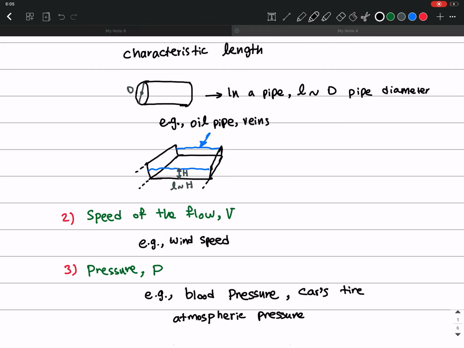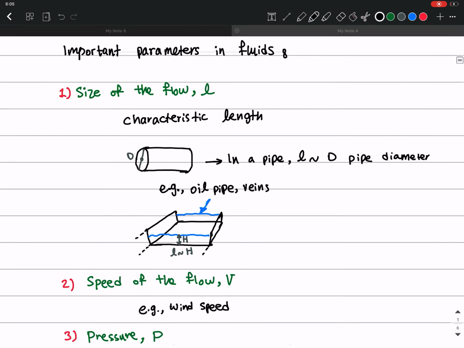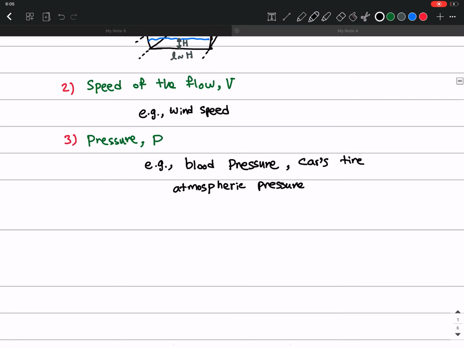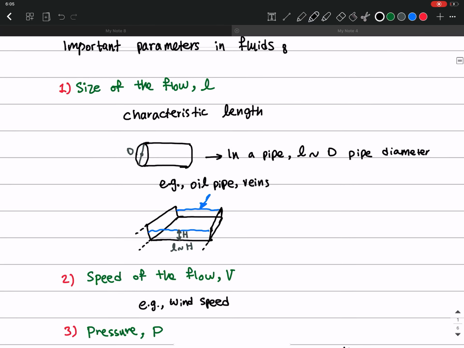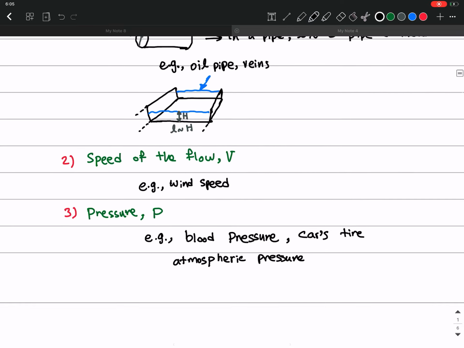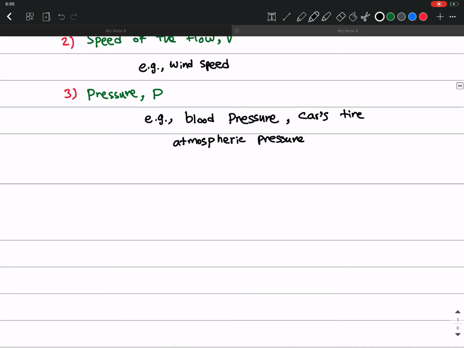For example, if you are on top of a mountain, the pressure would be lower, and as you come down to sea level, the atmospheric pressure or air pressure increases. So this is one of the important parameters in fluids. These are three important parameters that we typically work with in any fluid problem: size of the flow, speed of the flow or V, and pressure or P. Okay.